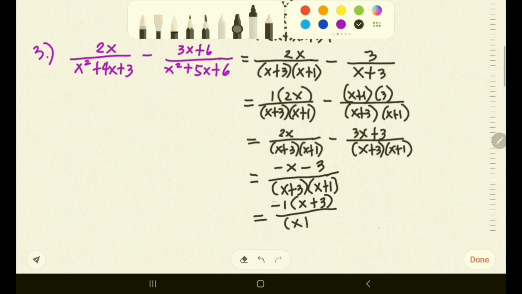Over x plus 3 times the quantity of x plus 1. So there is a common binomial factor, which is x plus 3, so you cancel that out. The final answer would be negative 1 over x plus 1.